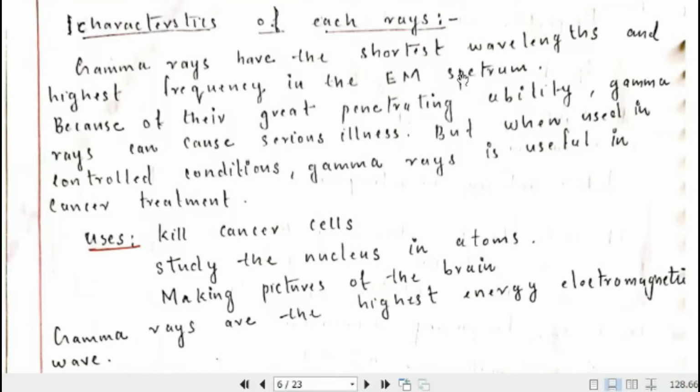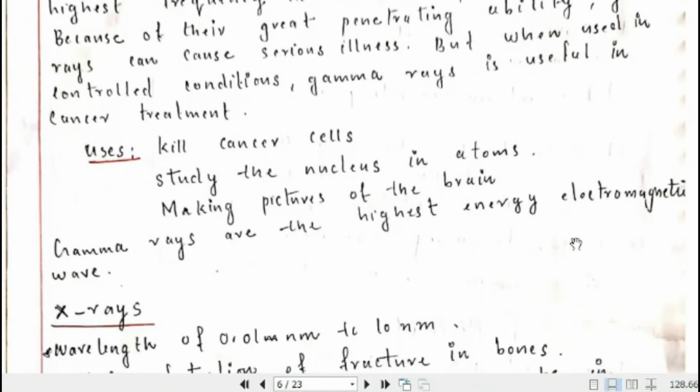Gamma rays have the shortest wavelength and highest frequency in the electromagnetic spectrum. Because of their great penetrating ability, gamma rays can cause serious illness. But when used in controlled conditions, gamma rays are useful in cancer treatment as well. They kill cancer cells, study the nucleus in atoms, and make pictures of the brain.